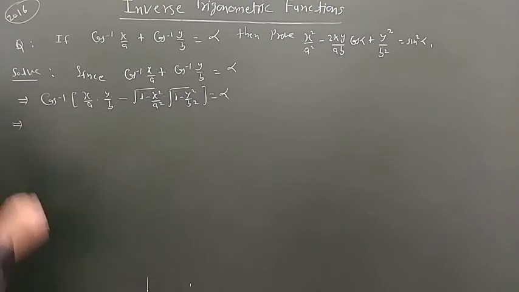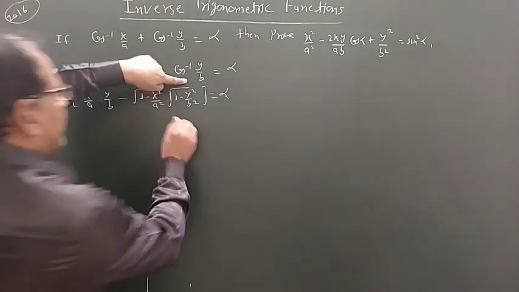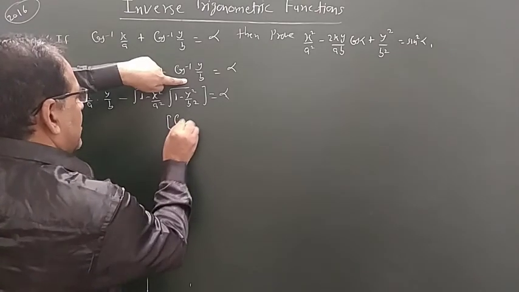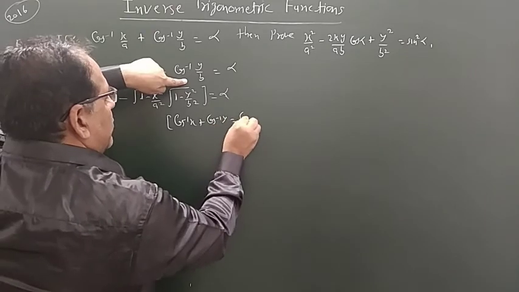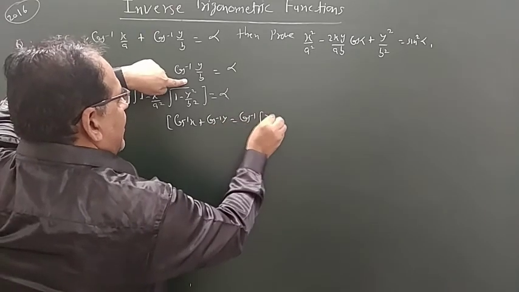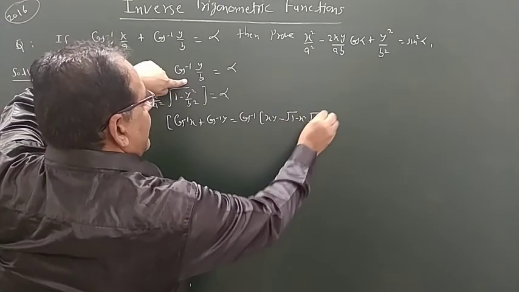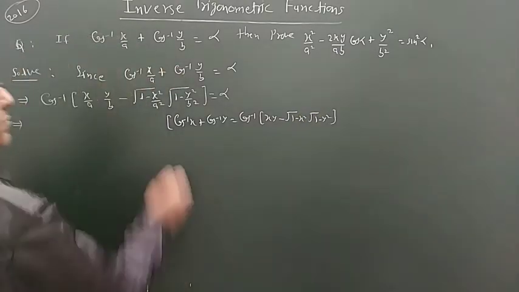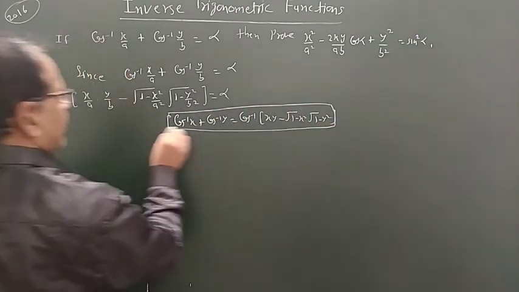So now we have the identity cos inverse x plus cos inverse y equal to cos inverse of xy minus square root of 1 minus x square times 1 minus y square. This is the identity used there.